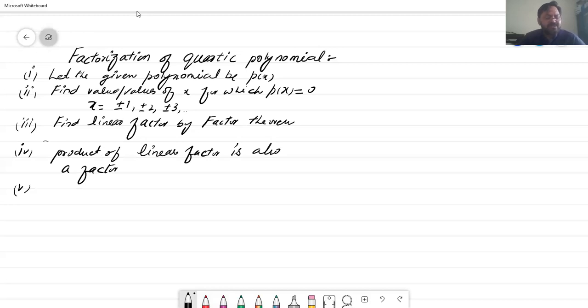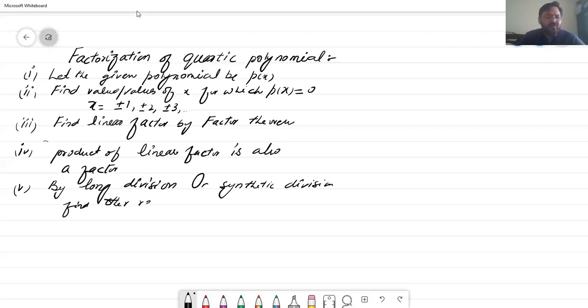The 4th step is very important to factorize the quartic polynomial: by long division or by synthetic division, find the other remaining factors.